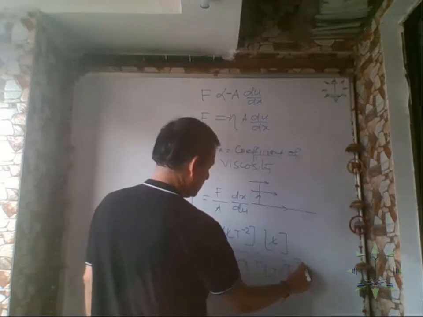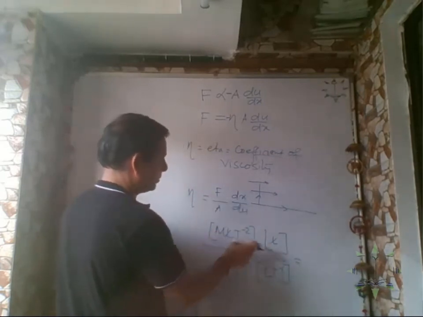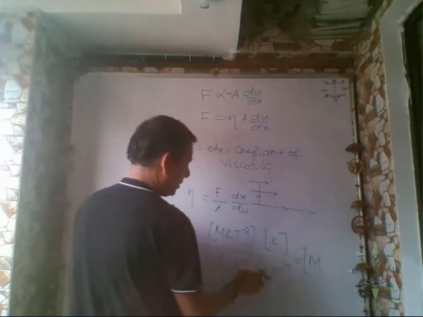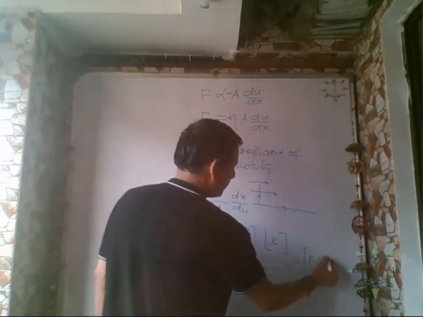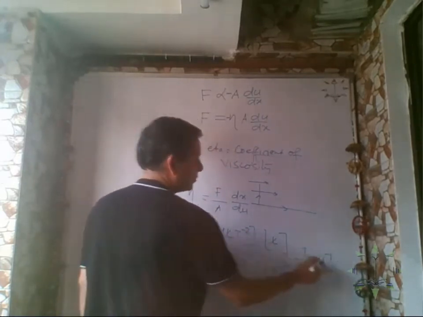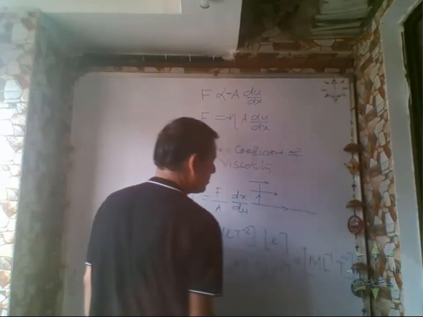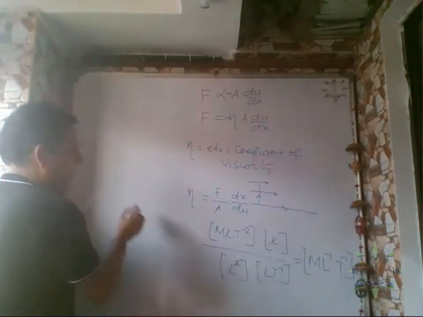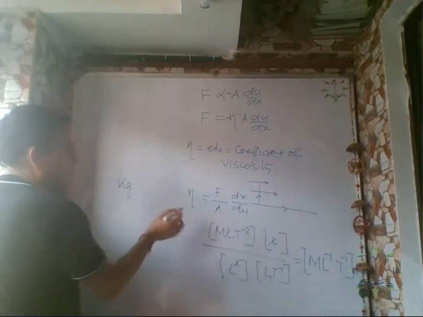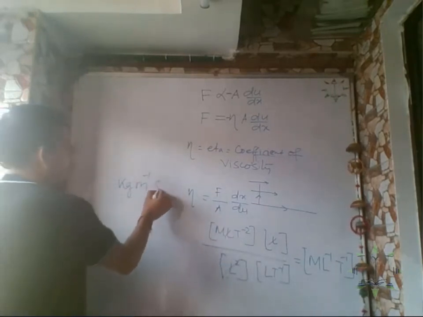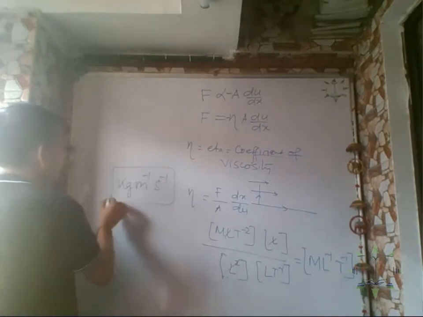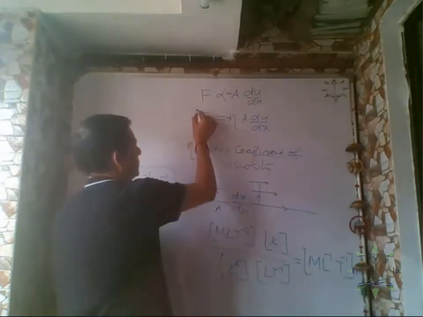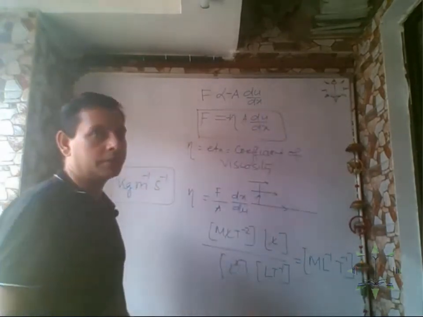So it is M L to the power minus 1, and minus 2 plus 1, so T to the power minus 1. So this is the dimension of eta. So what will be the unit of eta? The unit of eta is kg per meter per second. So this is Newton's formula of viscosity. Correct?